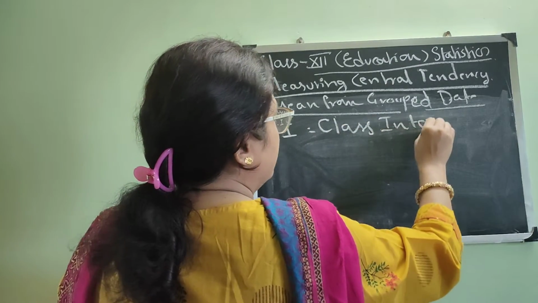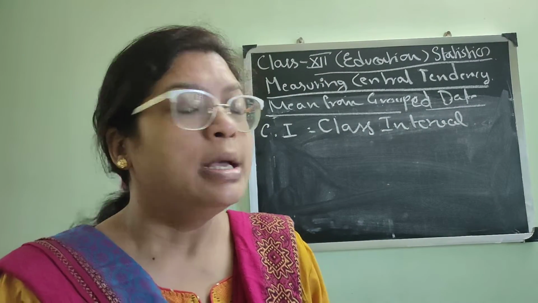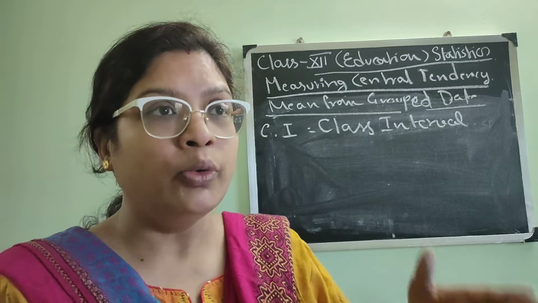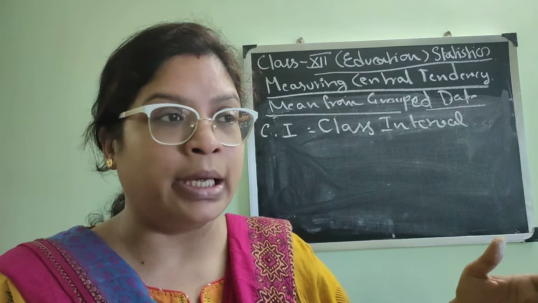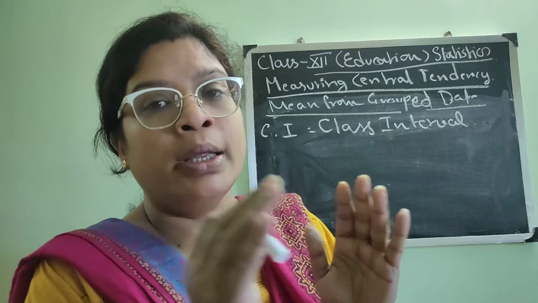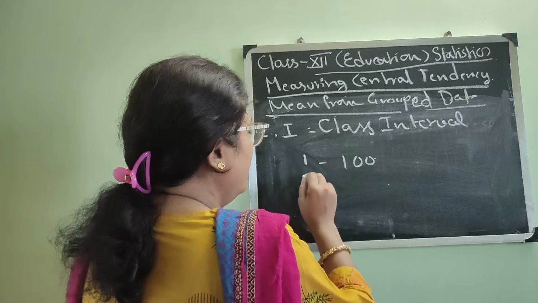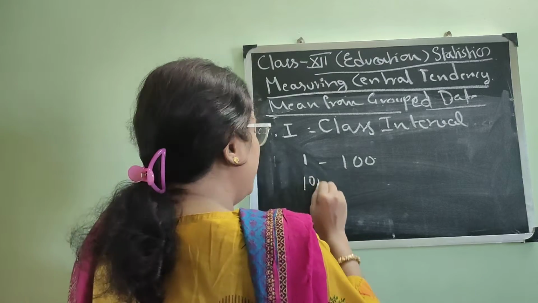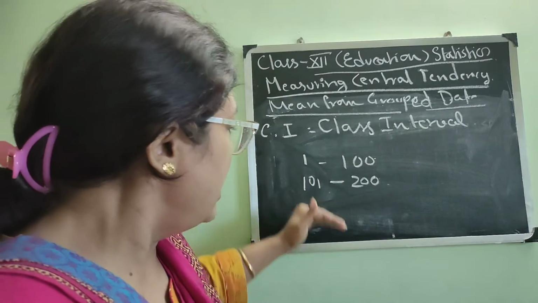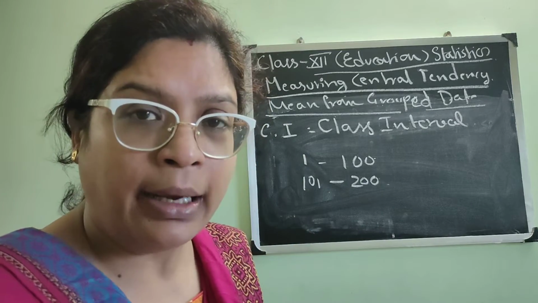Now what is class interval? Suppose, as I told in the last video, there are 1000 students. If the data is written individually, it will be a list of 1000. So for reducing it, we use class intervals, like 1 to 100, again 101 to 200. If we do it like this, the list of 1000 will be reduced into 10, isn't it?